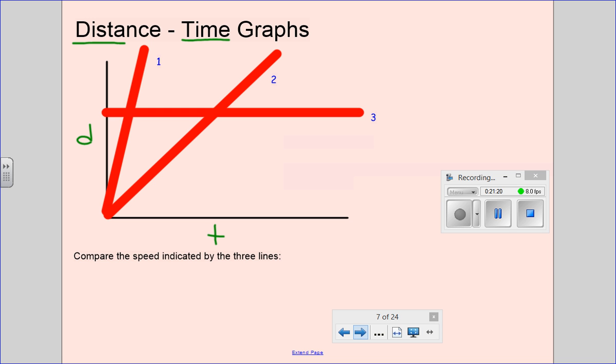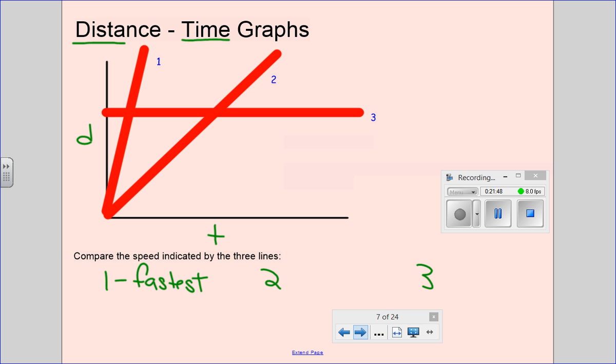So let's compare 1 and 2 and 3. If I compare number 1 and number 2, which one of them is going faster? Well, even without looking at numbers, you can look at the steepness of the line. So ask yourself which one of them would make a scarier ski hill, and I hope your answer would be number 1. Number 1 is moving the fastest.